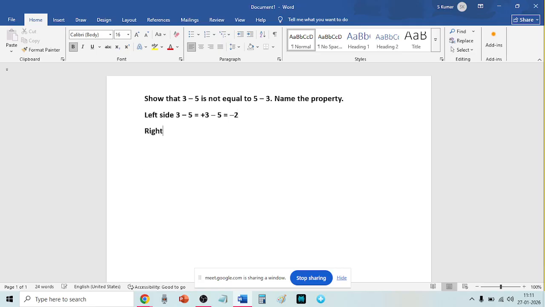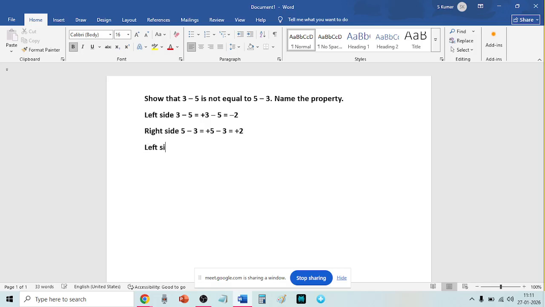And right side: 5 minus 3 will be equal to how much? 2, or plus 2. So left side and right side are not equal.